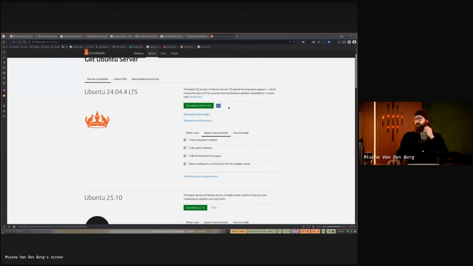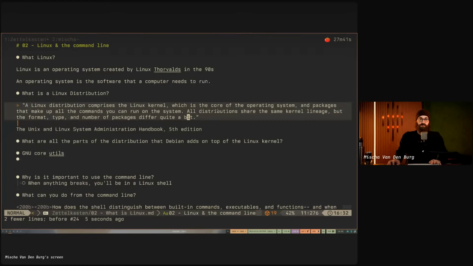The LTS version is 3 gigabytes. Okay, that's a lot of packages that you get included with that. And this is also why you get a fully functional system. There's more functionality if you have more packages. But there's a big difference between 20 megabytes and 3 gigabytes. Okay, that is how distributions very often differ.